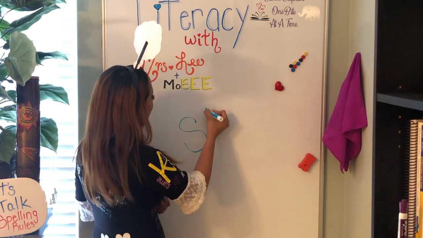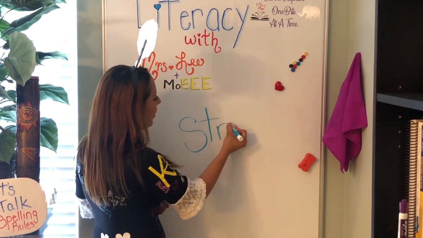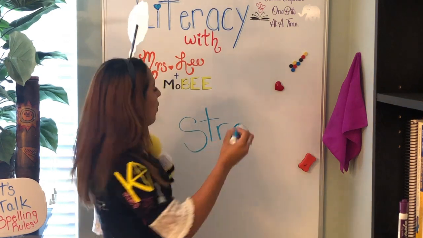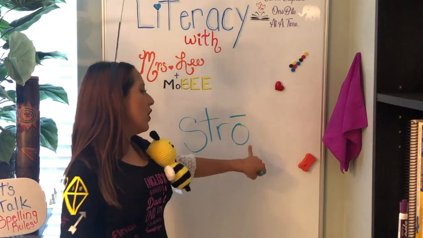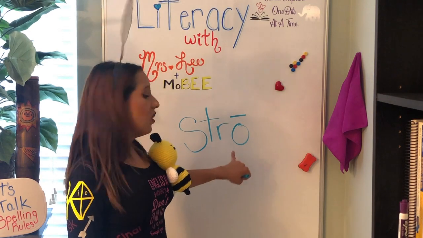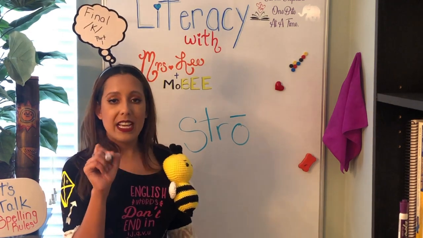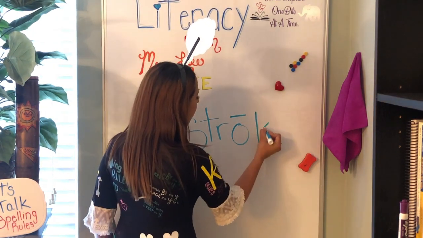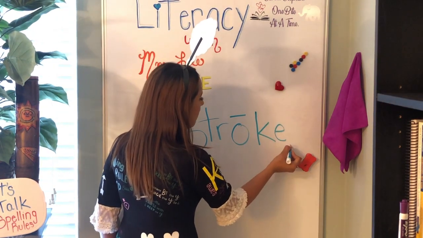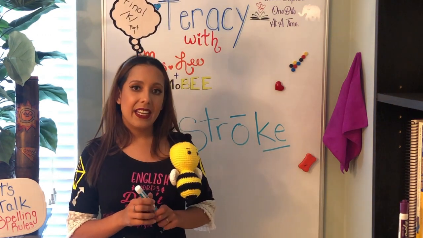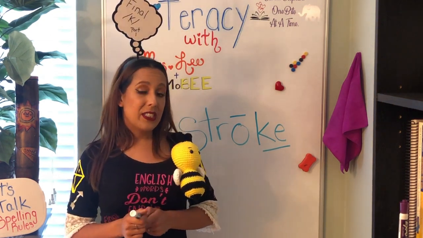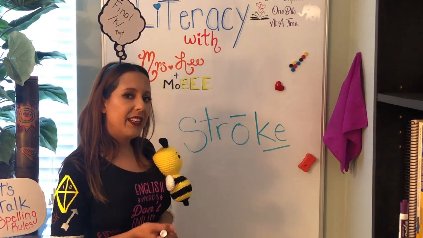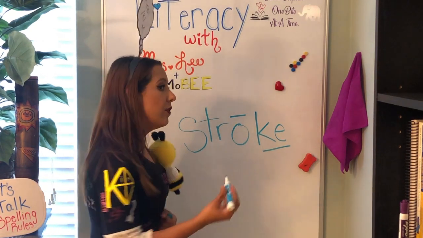S, t, r, o, long vowel, macron. I know it ends in a k. It is a long vowel, so our spelling rule says it ends with a K-E.